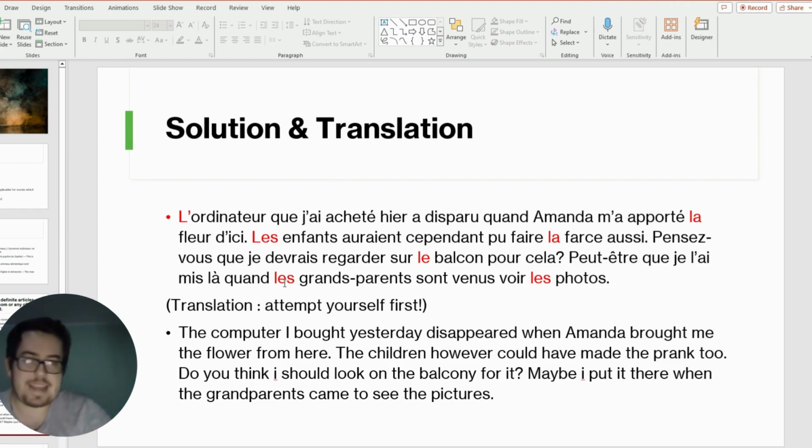So it uses les, and in this case the rule that we've talked about with the s sound becoming the z sound is not applied over here because the noun starts with a consonant, so it's les grands-parents, not les grands-parents, right? Sont venus voir les photos.